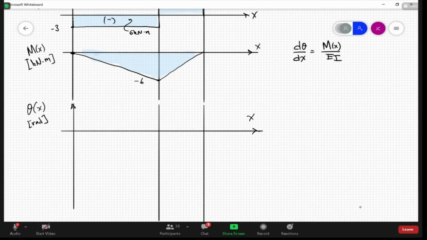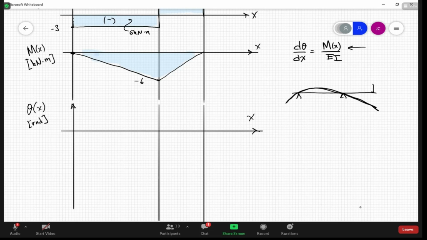Since the moment is linear, if we integrate it, it's going to give me a quadratic, so they're going to go quadratically. And if you think about it, it makes sense: we have a pin here, a pin here, and then a force here. So we expect the elastic curve to go like this.